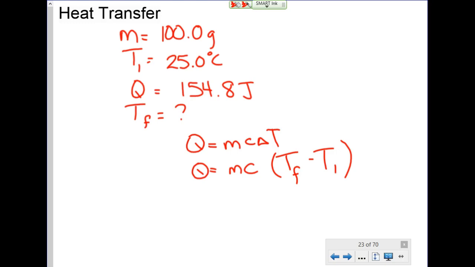Let's fill in some information. We know that the Q is 154.8 joules. The mass of the necklace is 100 grams.